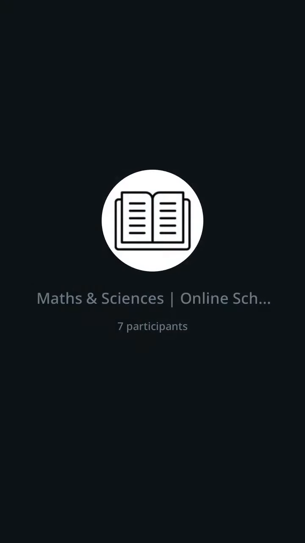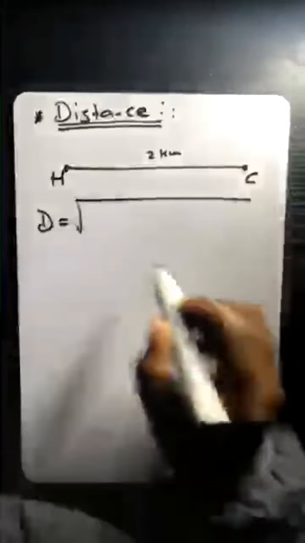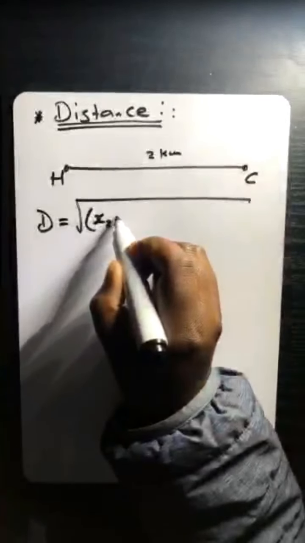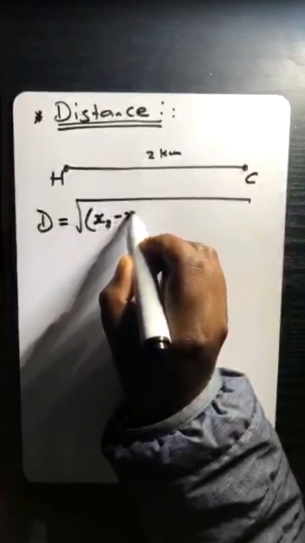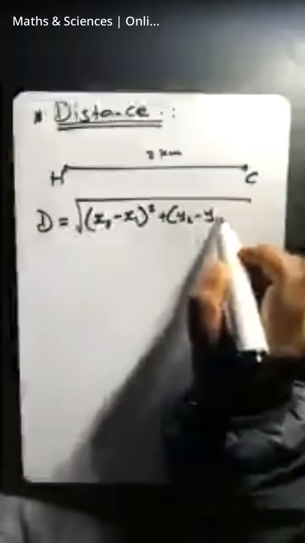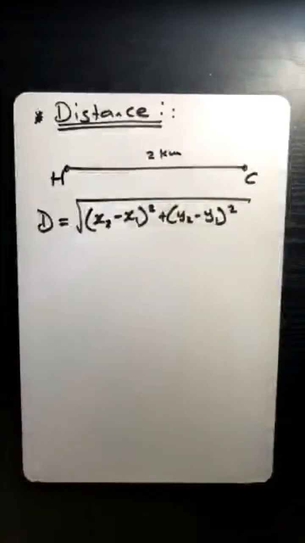Here's the formula, which says D is equal to the square root of (x2 minus x1) squared plus (y2 minus y1) squared. I want you guys to notice something.